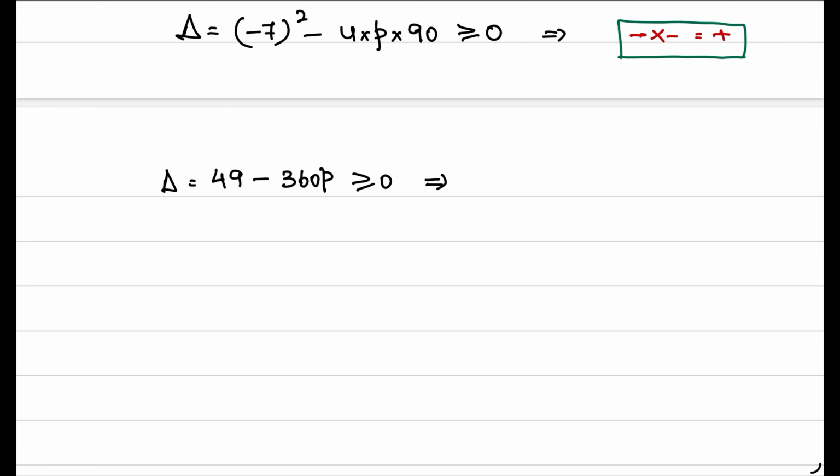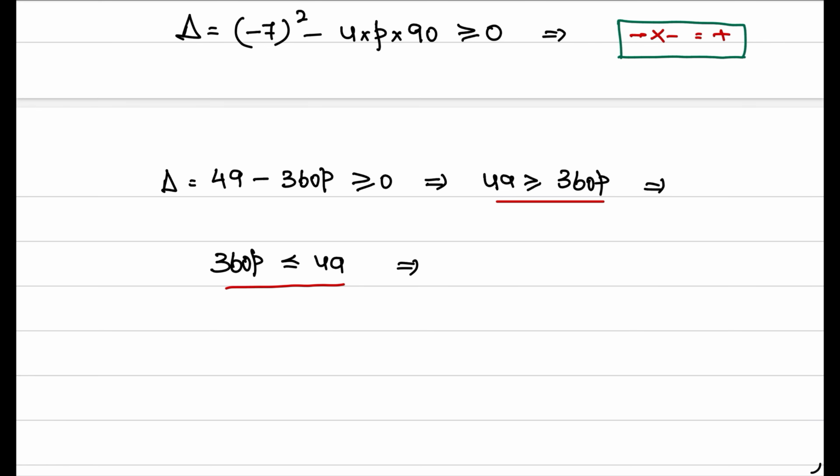That means 49 should be greater than or equal to 360p. When you reverse the inequality, the left hand side and right hand side can interchange. That means 360p should be less than or equal to 49. Just see here, swapping from left to right and right to left. Simple.